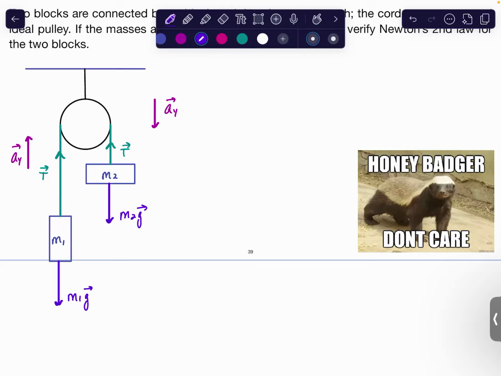Okay, so that's our basic free body diagram. So then we can say, well, we'll be working with mass 1, tension, m1 g.